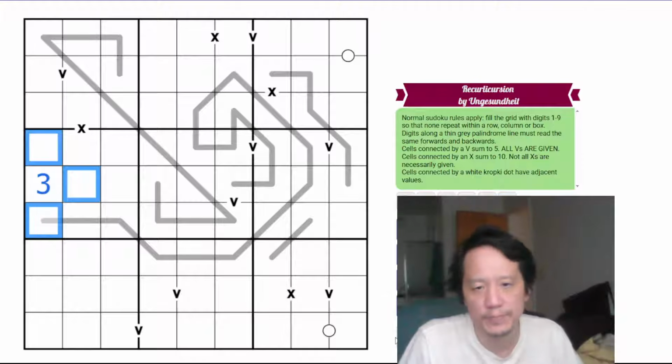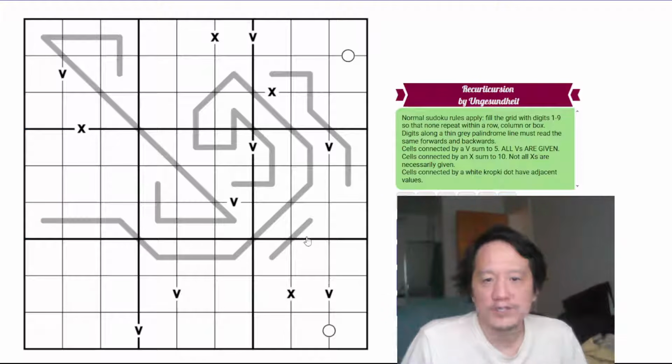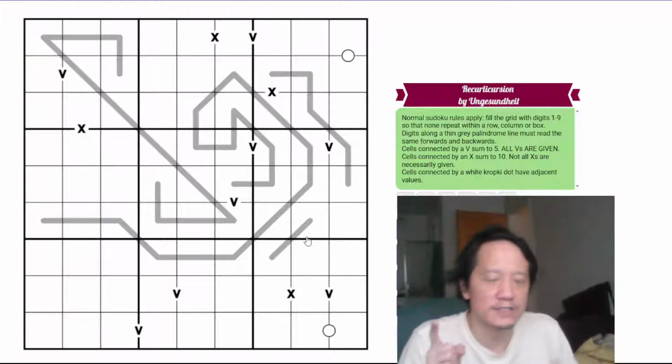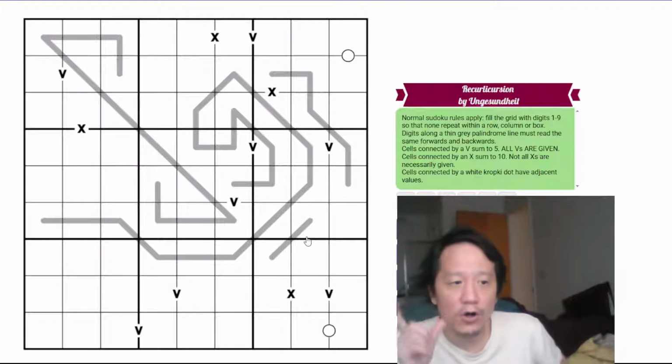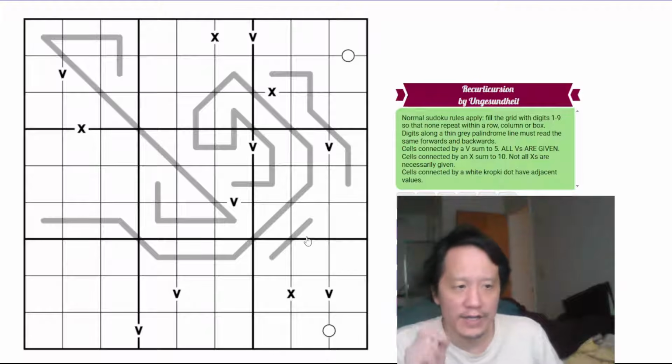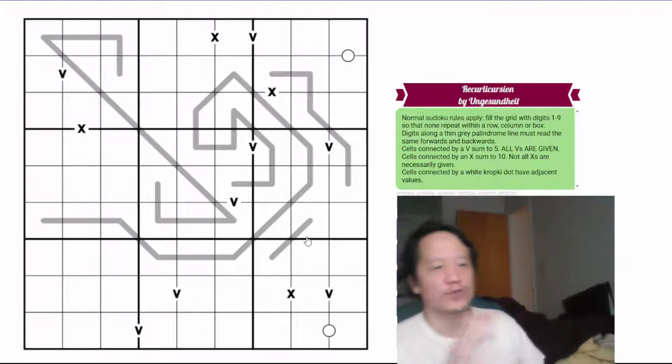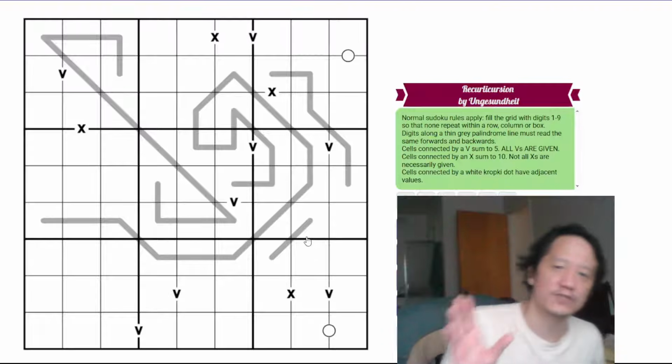We also have cells connected by an X sum to 10, and not all X's are necessarily given. So while all V's are given, not all X's are necessarily given. We do not have the negative constraint for the X's. We do have the negative constraint for the V's.